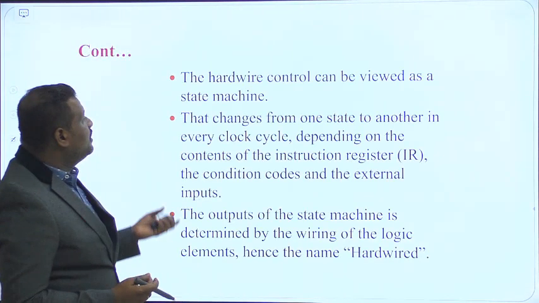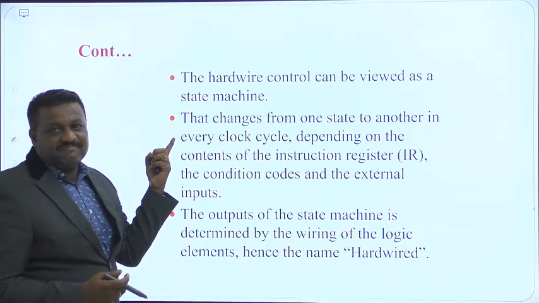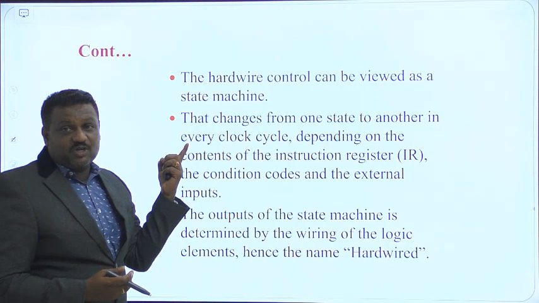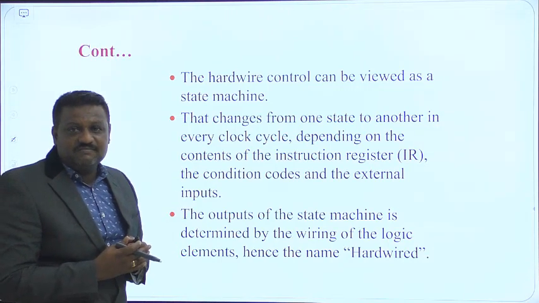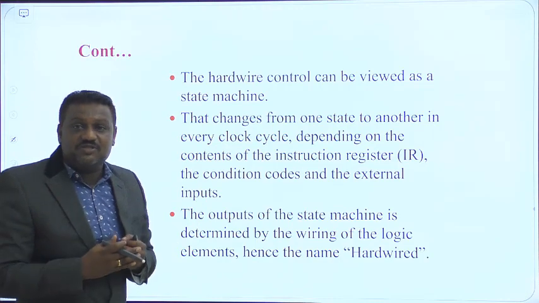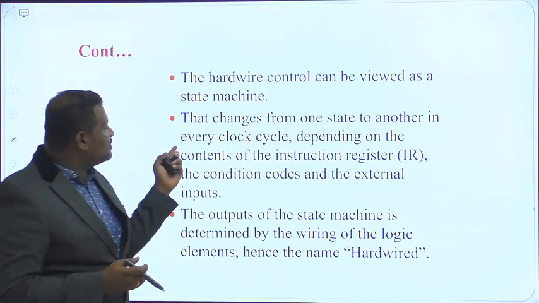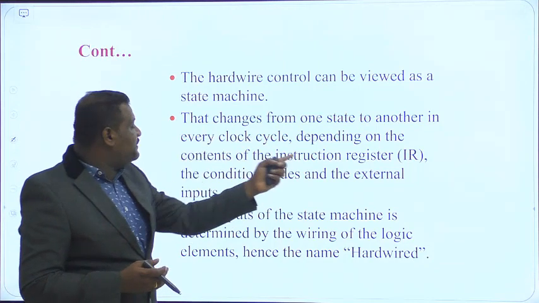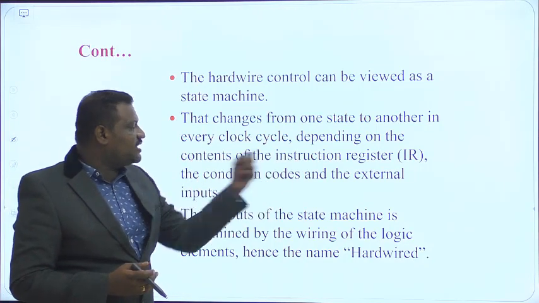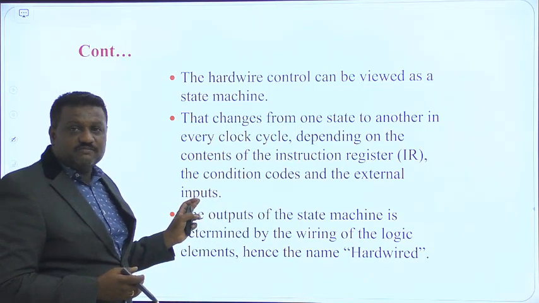Right. Hardwired control can be viewed as a state machine. Yes, because I have different states. Each state depends on different control inputs. It changes from one state to another in every clock cycle, depending on the contents of the instruction register, the condition codes and external inputs.